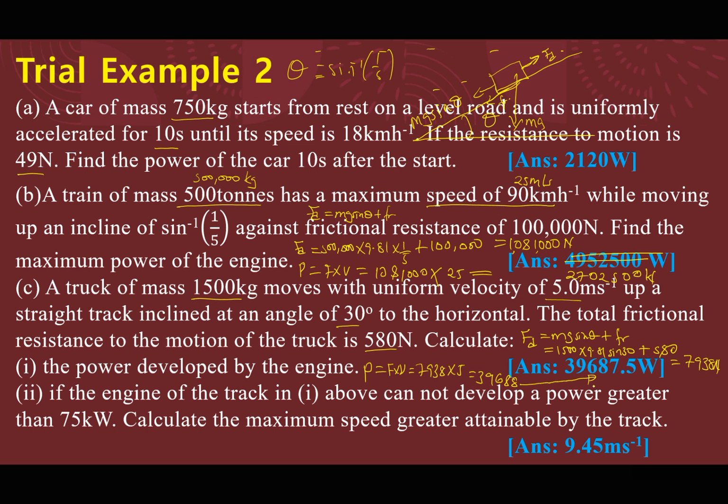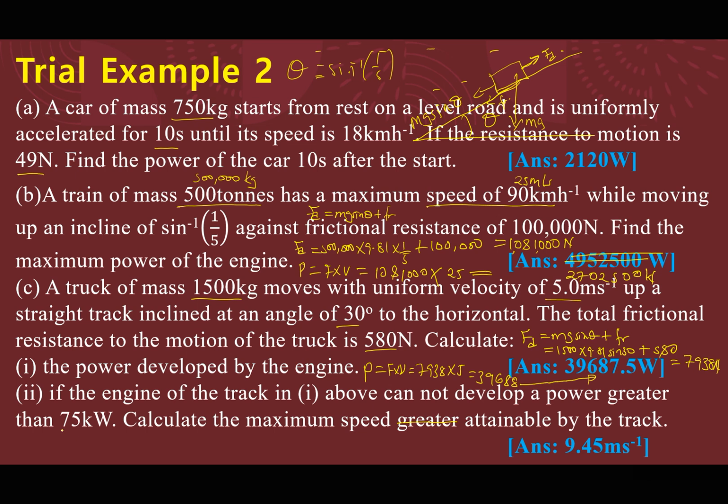If the engine of the truck in part one above cannot develop a power greater than 75 kilowatts, because this is approximately 40 kilowatts, calculate the maximum speed attainable by the truck.